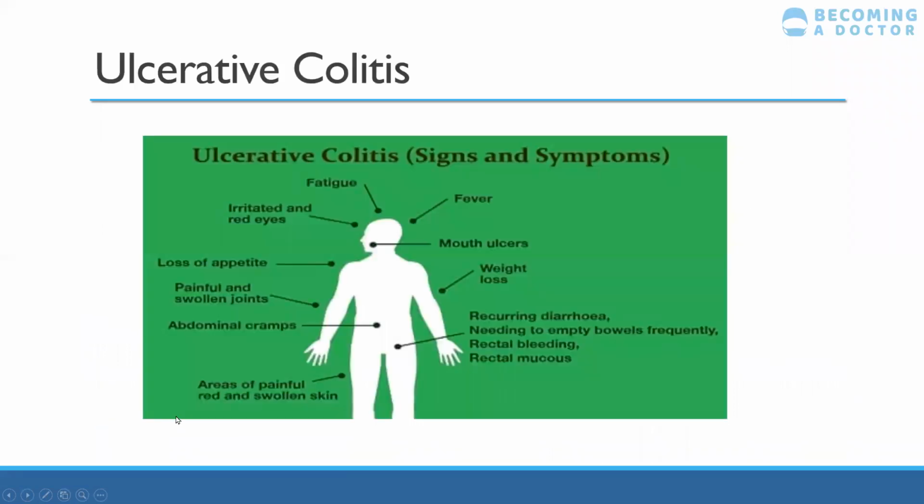Therefore patients with ulcerative colitis often present with diarrhea, and how often they go to the toilet can somewhat relate to how bad the ulcerative colitis is. And here are just a few other signs and symptoms of UC.